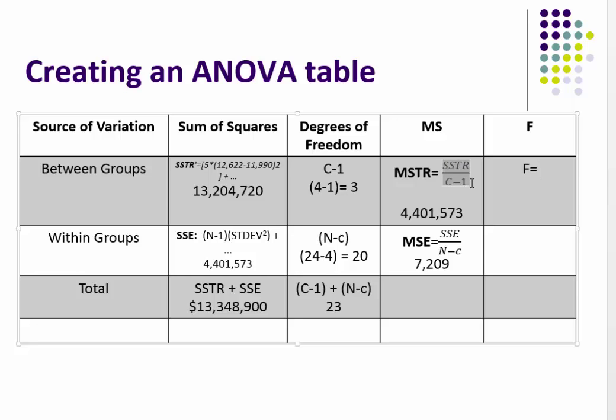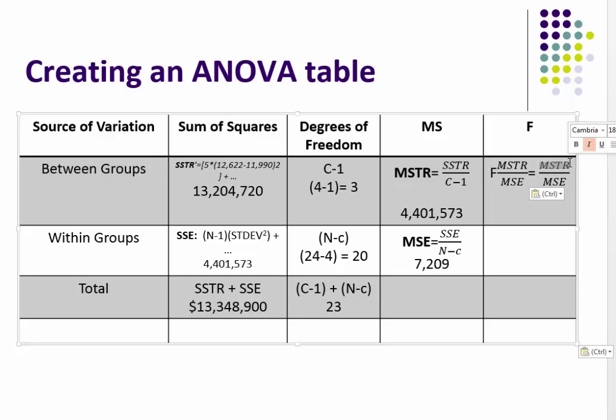I'm going to grab this formula here again, put it right here, and change it so it says MSTR and MSE. Then I'm going to copy it one more time and put it here so that I can put the numbers in.